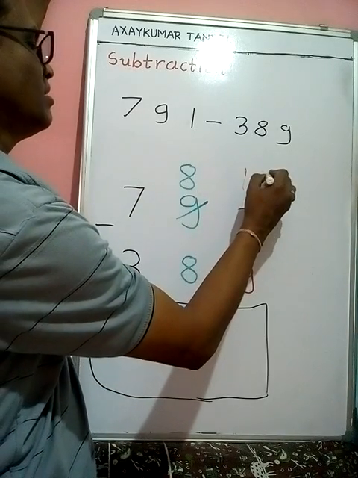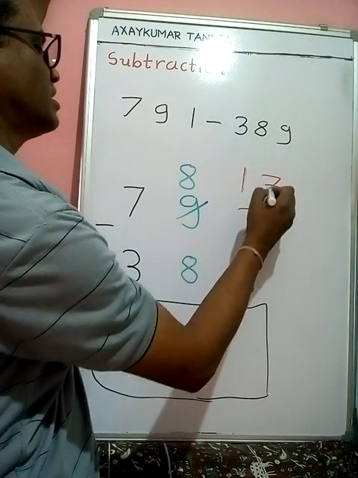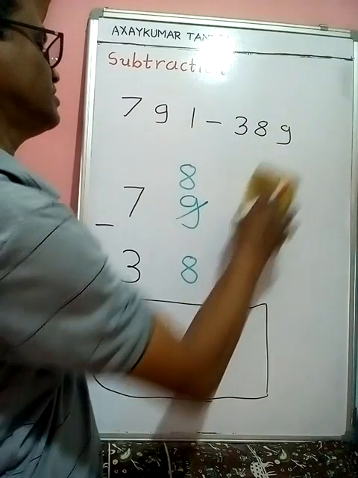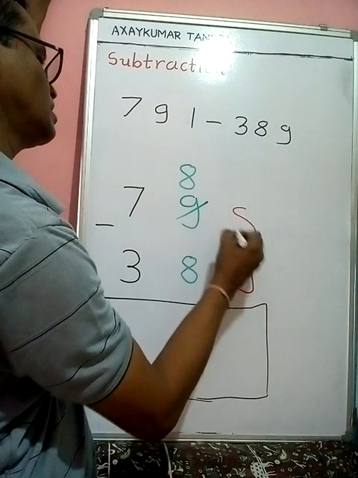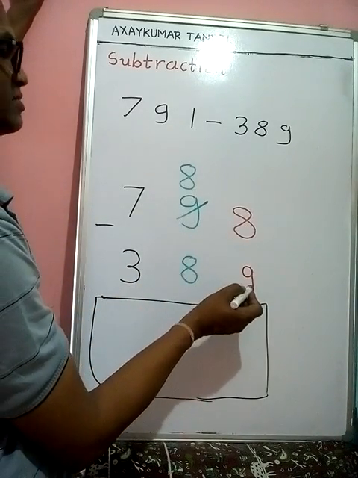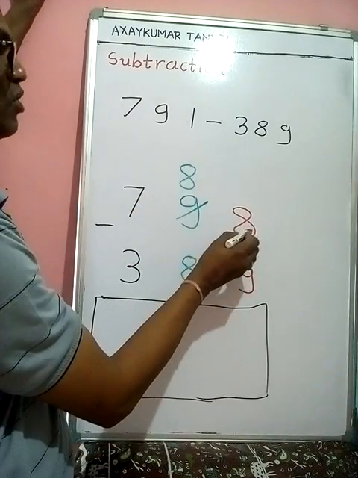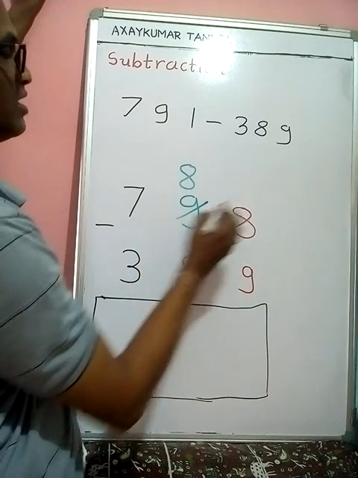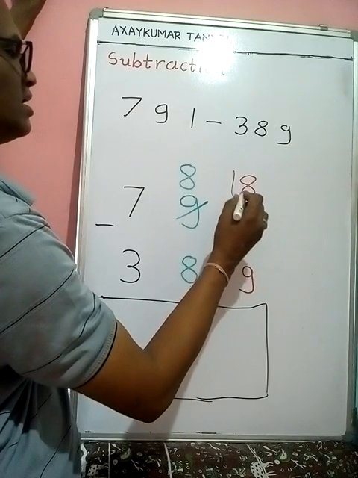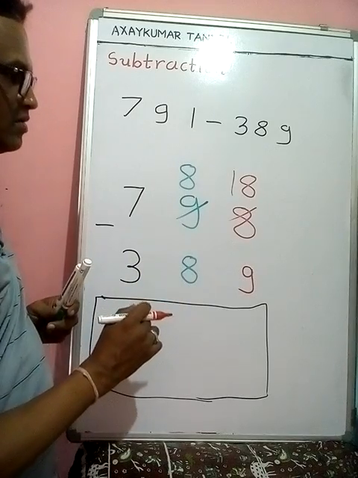So 10 plus 7 is equal to 17. If here 8, 9 is greater than 8, 9 cannot subtract from 8. 8 borrows 1 ten from 9. So here 10 plus 8 making 18. Okay. We can do this.